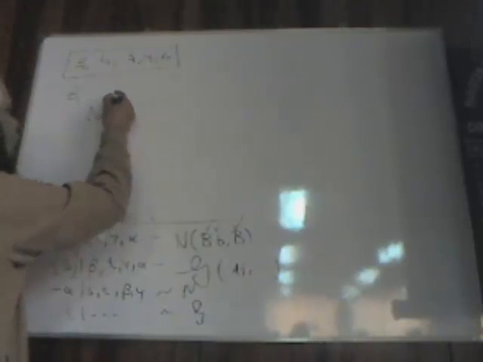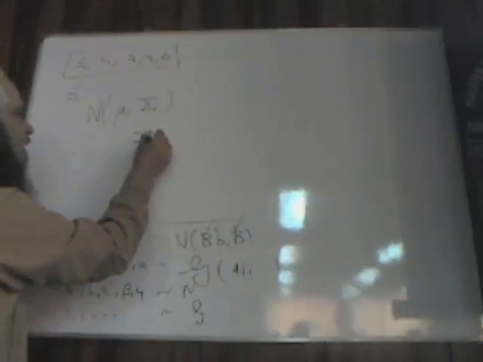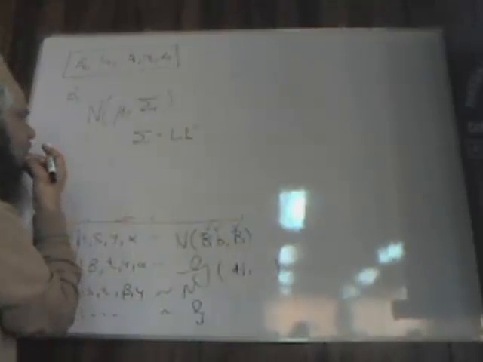And so now what we are going to do is generate a beta 1, which is the first iteration in the Gibbs sampler. So how do we do that? Well, now if I have a normal with mean mu and covariance sigma, then every sigma can be decomposed as L L transpose.